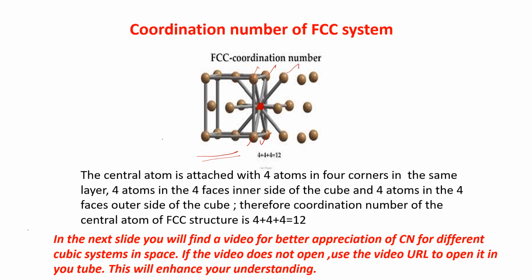So 1, 2, 3, 4. Similarly, on the inner side of the cube also, it will attach with 1, 2, 3, 4. So the total for the central atom of FCC structure is 4 plus 4 plus 4, that is 12.